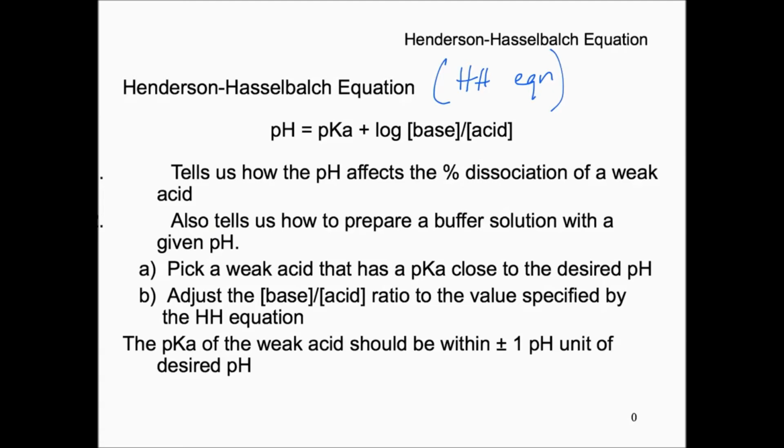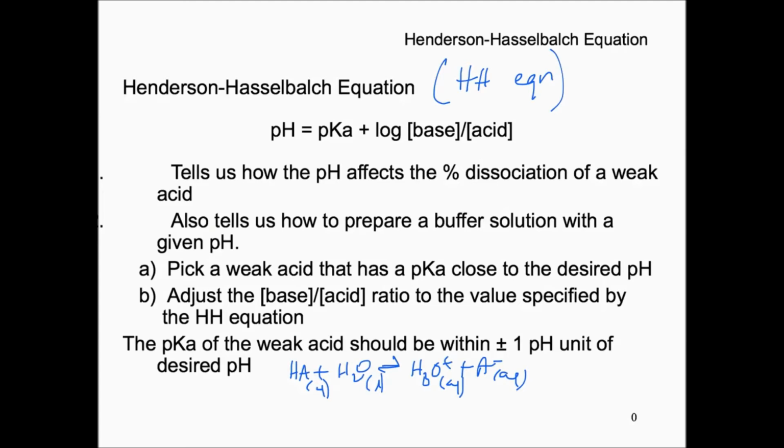So recall, my weak acid HA is interacting with water to give you hydronium plus A minus. This is aqueous. Charges are always aqueous, by the way. Water is the only one that's liquid.